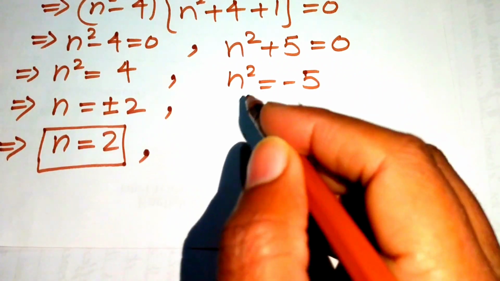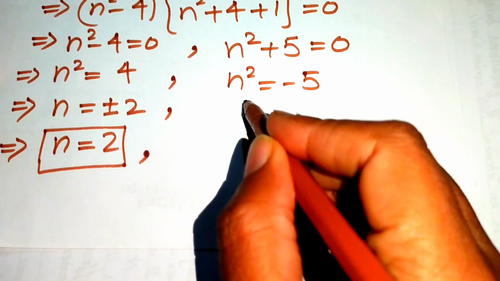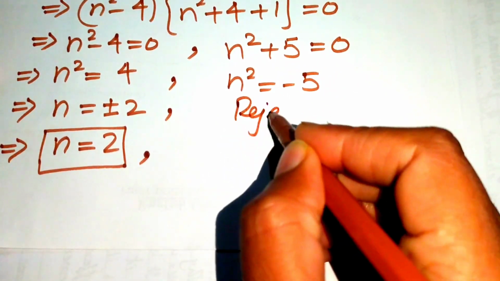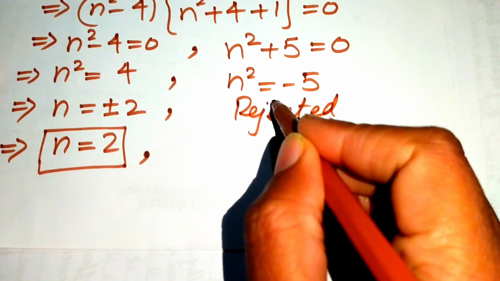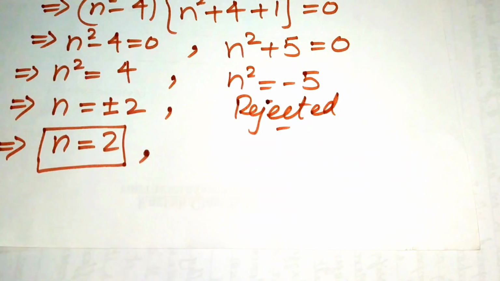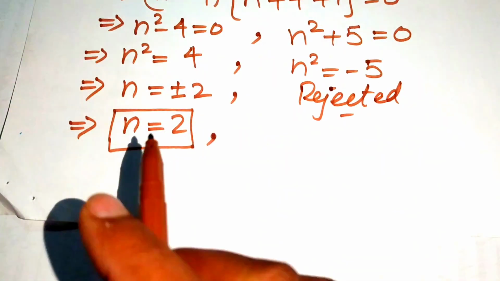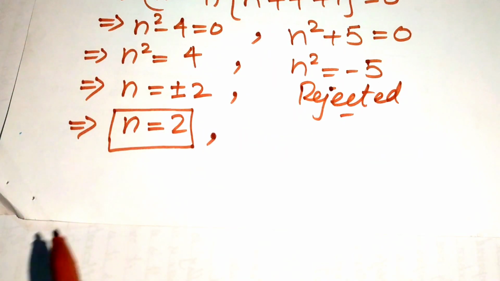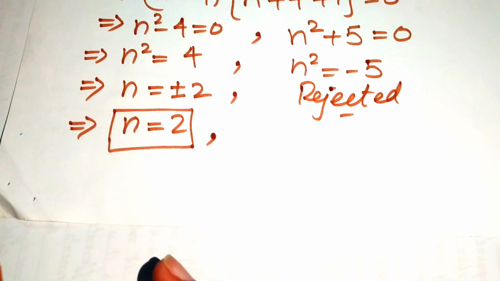So we reject this value, and we have only one value of n, and this value is n equals 2. So n equals 2 is the final answer of this problem.